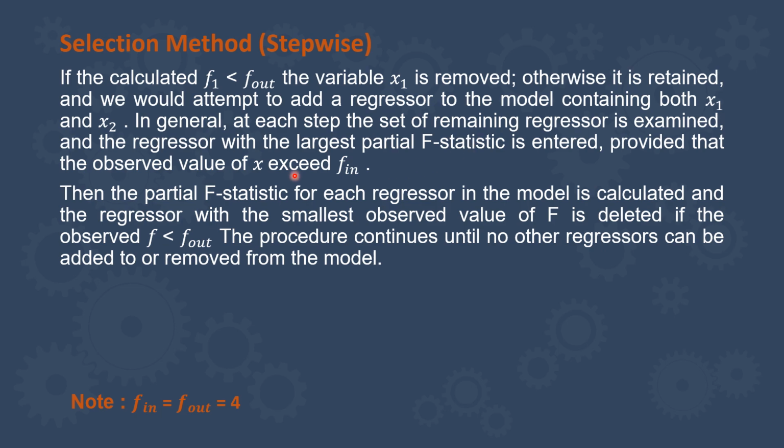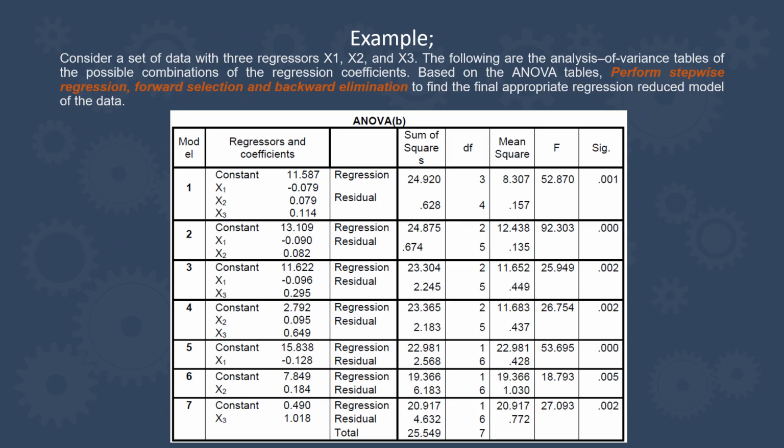Then, the partial F statistic for each regressor in the model is calculated, and the regressor with the smallest observed value of partial F statistic is deleted if that value is less than F out. This procedure will continue until we have no other regressors that can be added or removed from the model.